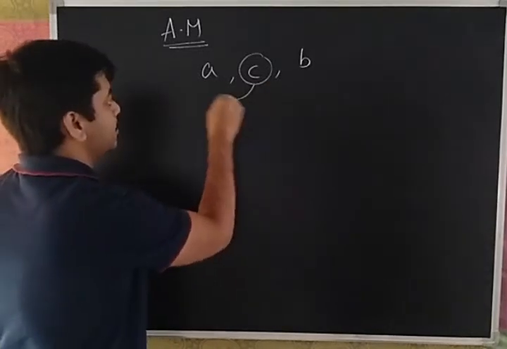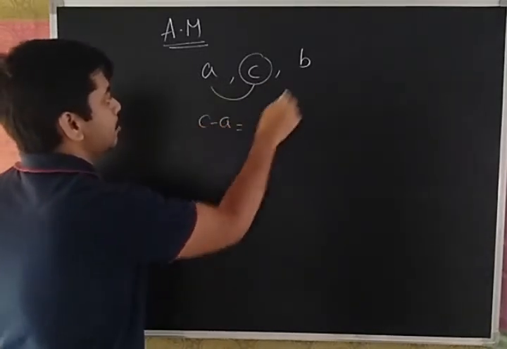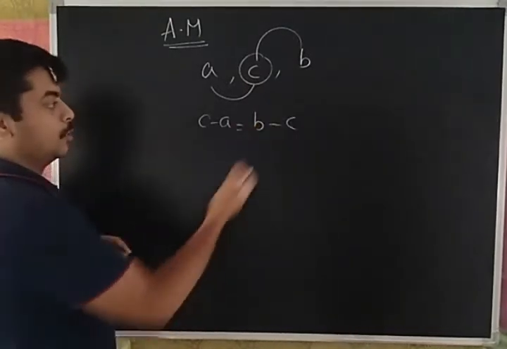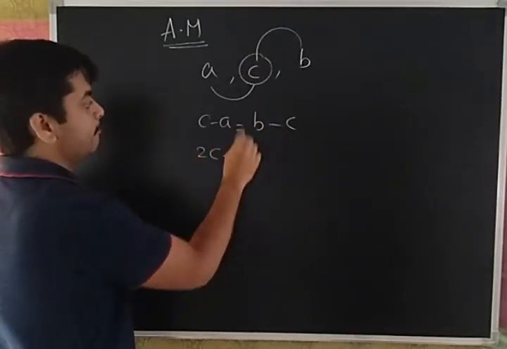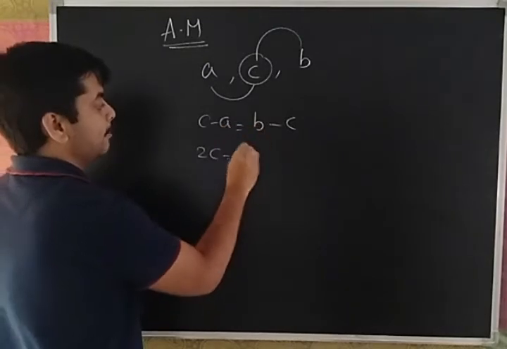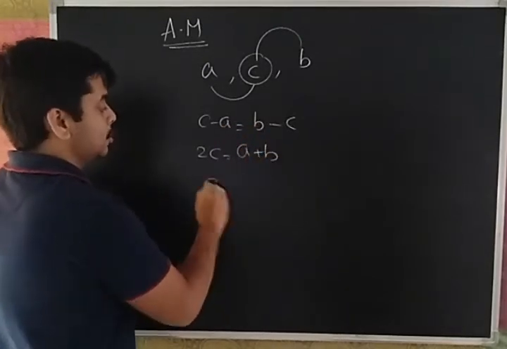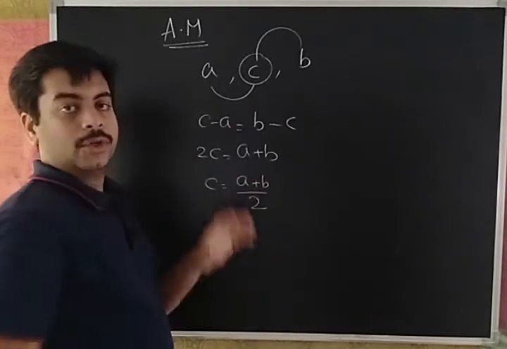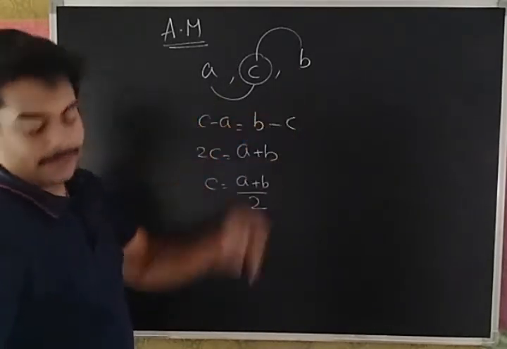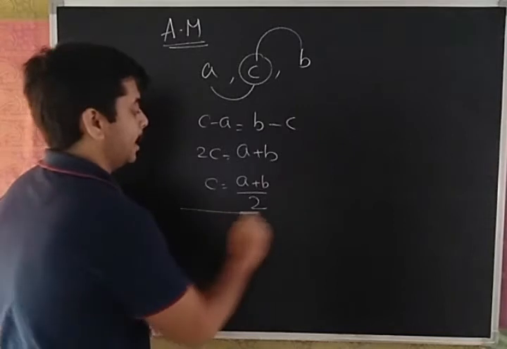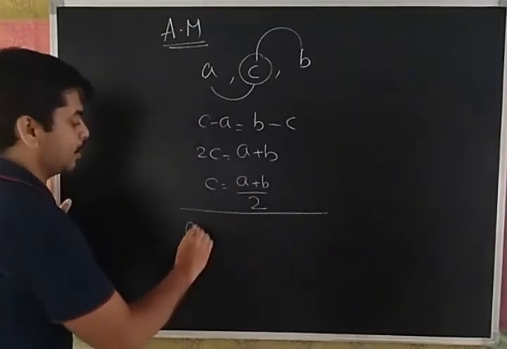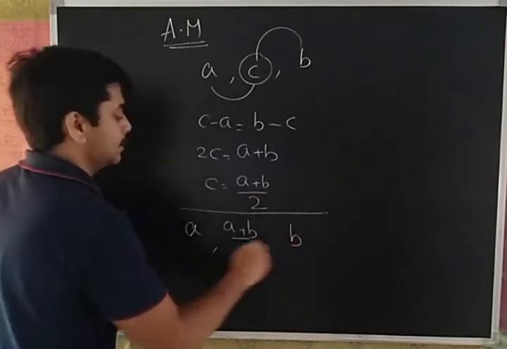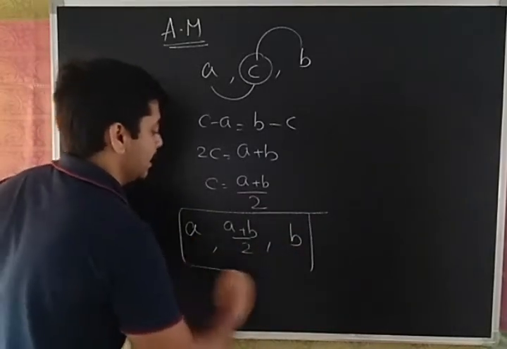So the common difference c minus a should be equal to the common difference b minus c. So bring this c here, it is 2c, this a goes here, that becomes a plus b. So c is equal to a plus b by 2. So for a number a and a number b, the arithmetic mean is a plus b by 2. So a, a plus b by 2, and b follow an arithmetic progression.